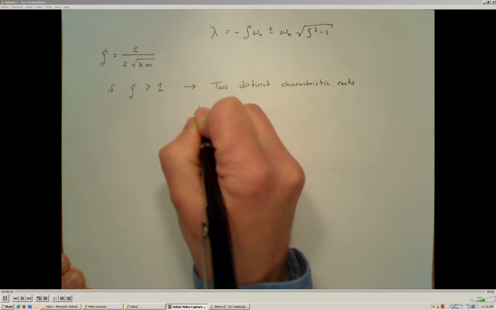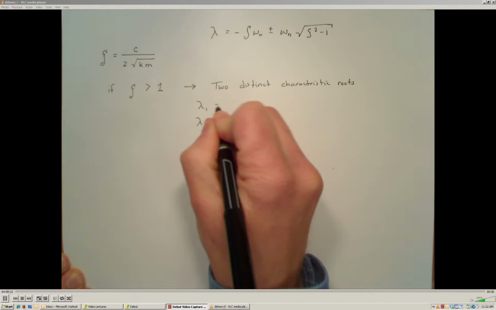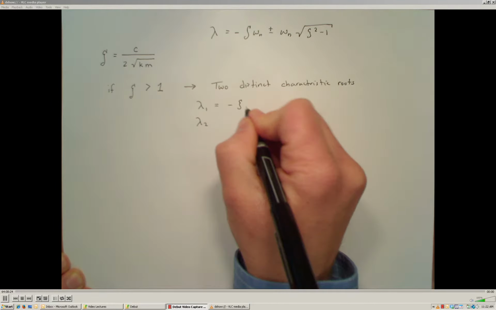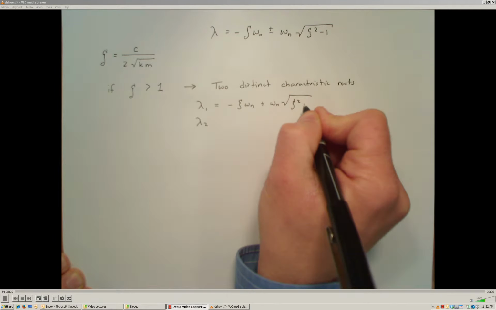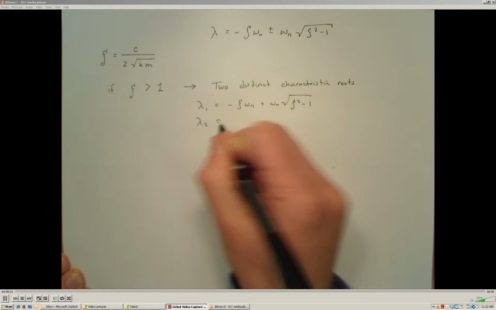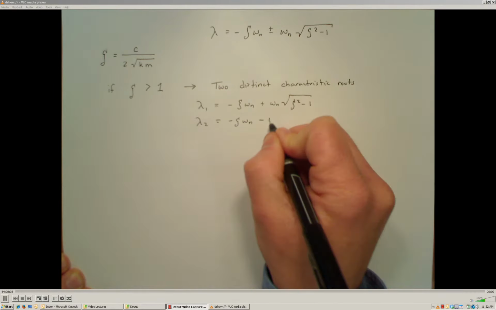Alright, where there's a lambda 1 and a lambda 2. Lambda 1 is going to be negative damping ratio times omega n plus omega n times the square root of the damping ratio squared minus 1. And lambda 2 is going to be the same thing, except we're going to subtract that value.